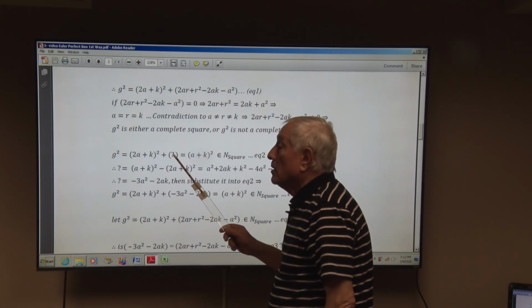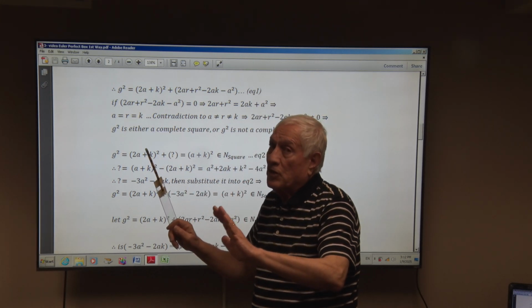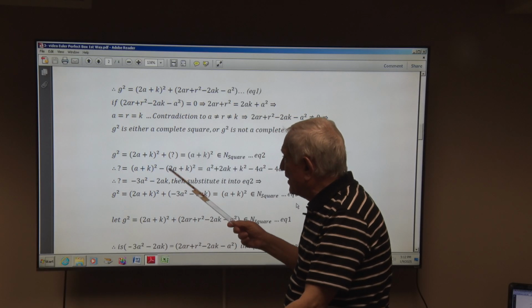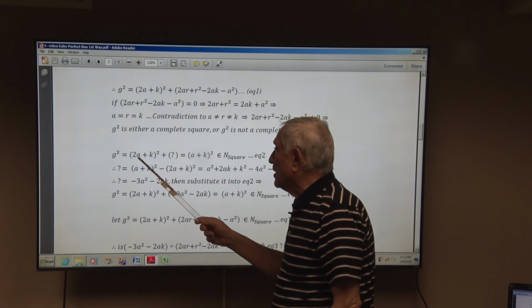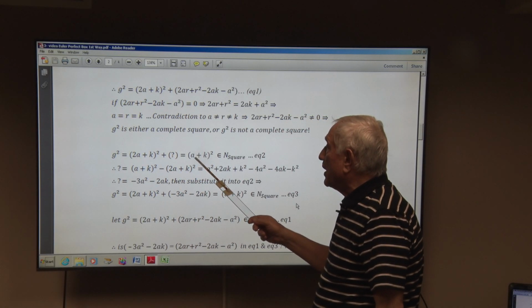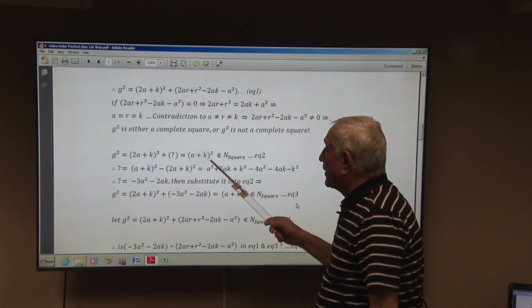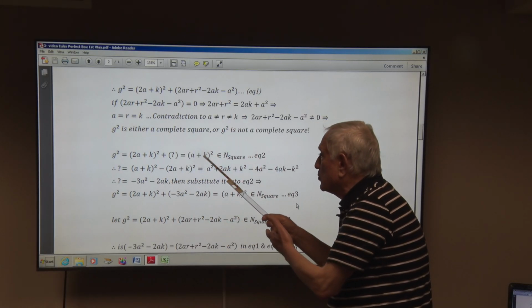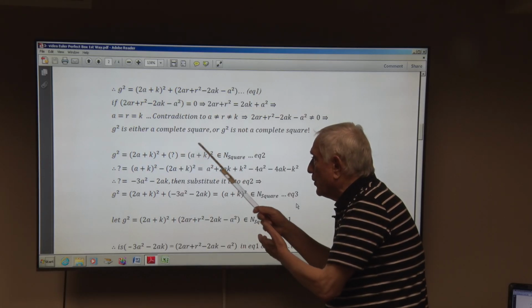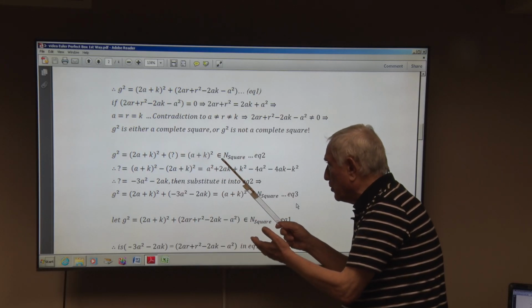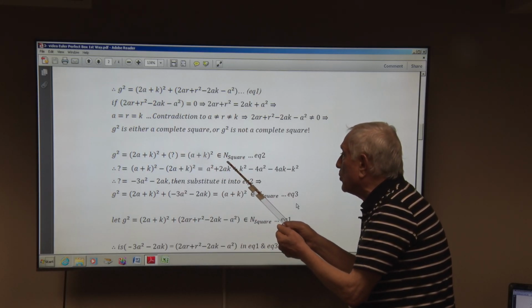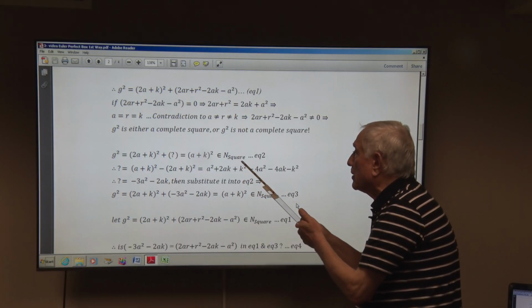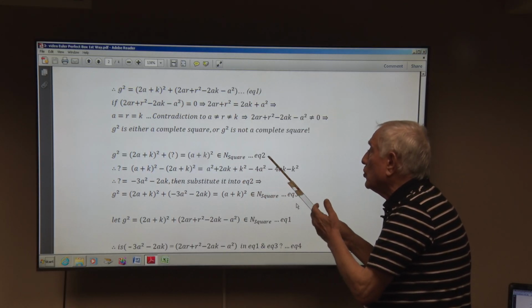That unknown, negative or positive, we don't know yet. But logically it should be negative, because I need the answer to be a plus k squared. This adds up to become a square, and that square for sure belongs to the natural number squares. I name it equation 2.